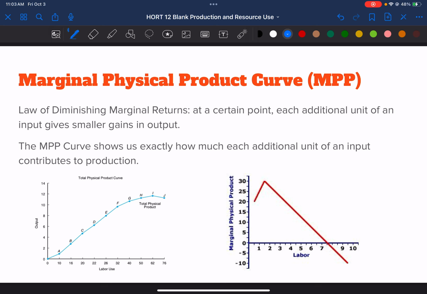In diminishing marginal utility, it basically says that at a certain point, you get less and less satisfaction out of each additional unit of something. So it's really similar for the law of diminishing marginal returns. It basically means that at a certain point of input, when you keep adding more of an input, you get a smaller and smaller return in the output.